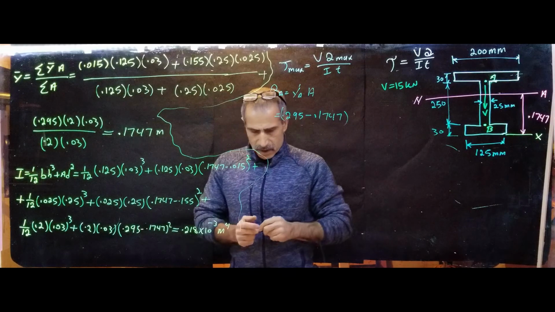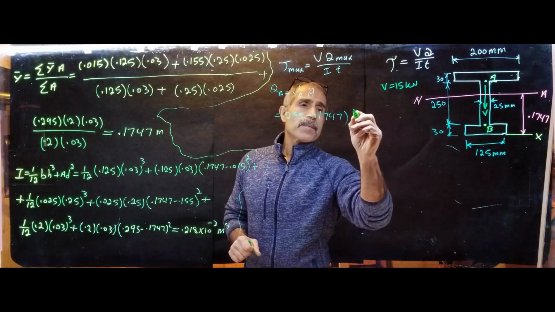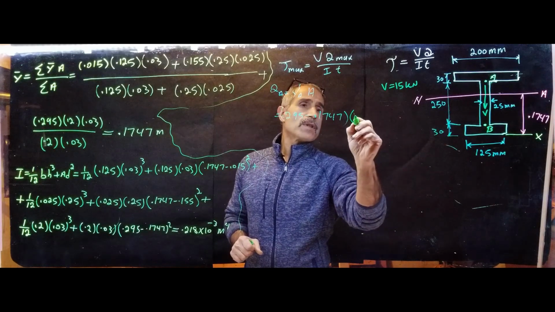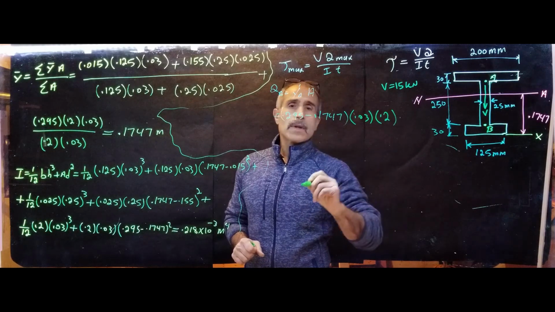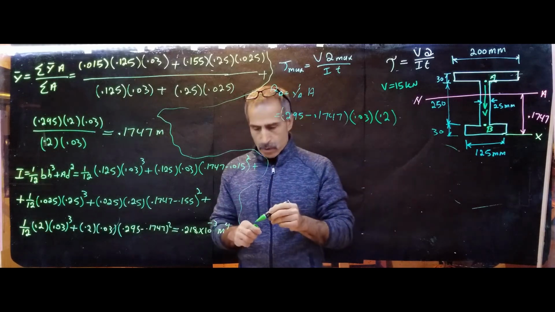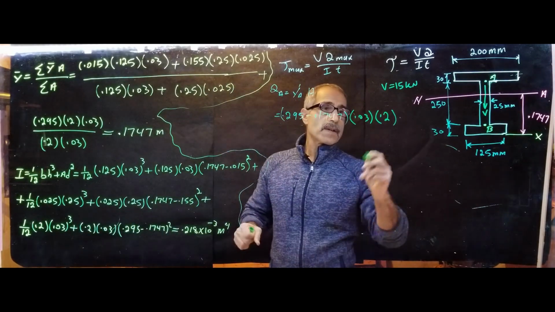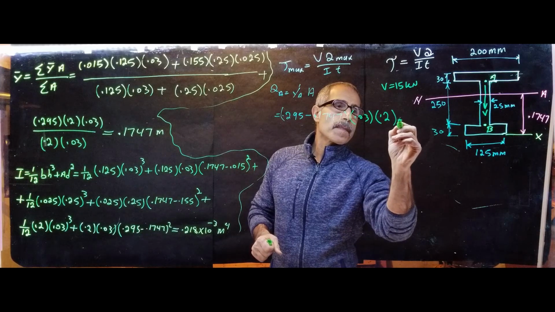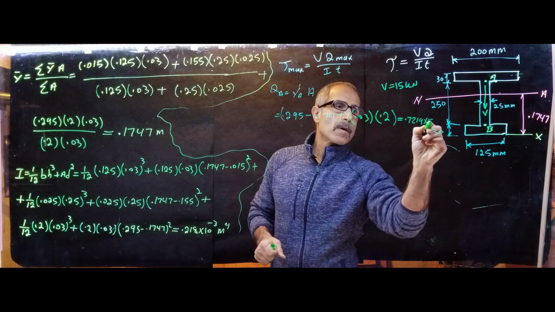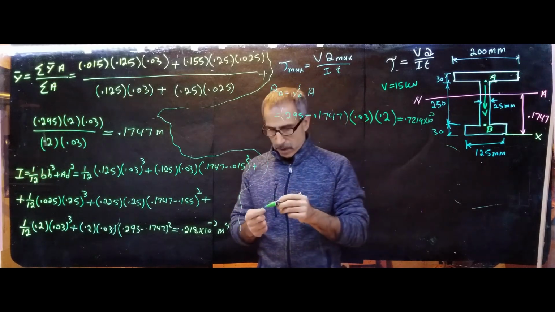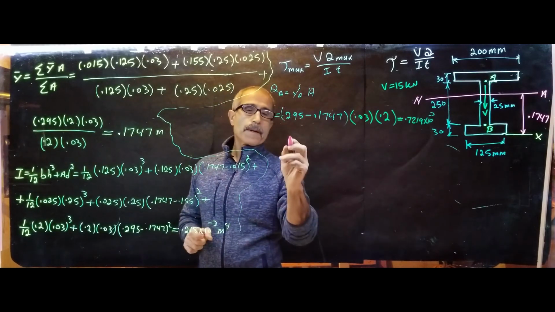I don't like this marker anymore, it's dried out. Gotta get a new marker. Times the area, which is 0.03 multiplied by 0.2. And that comes out to 0.7219 times 10 to the negative 3. Let's figure out QB.